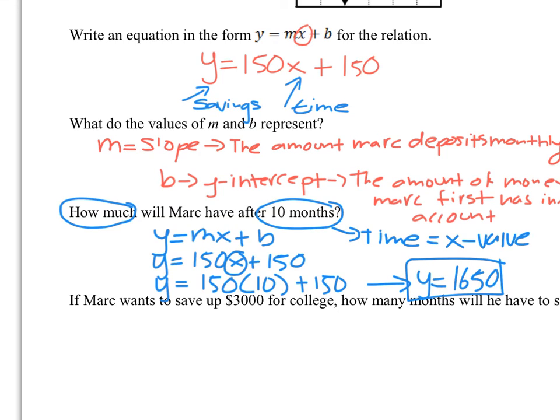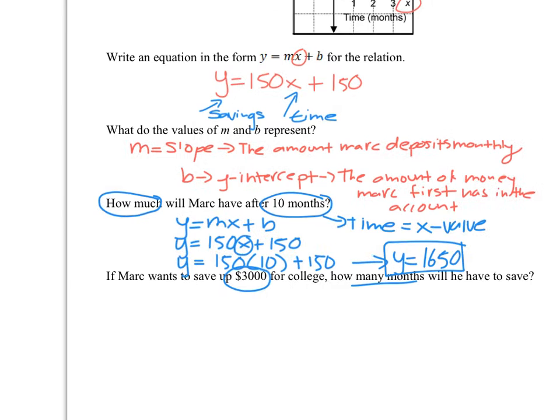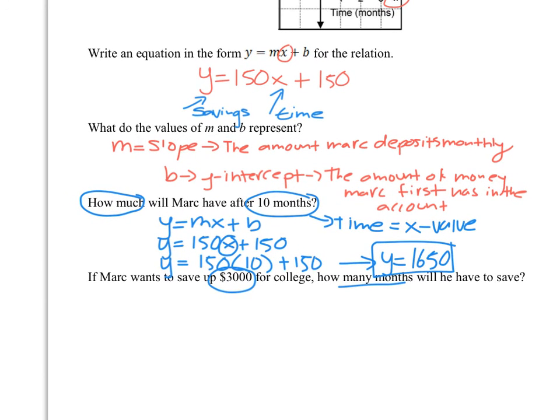The next question is going to look a little bit different. If Mark wants to save $3,000 for college, how many months will he have to save in order to have that $3,000? So again, we're going to start with our equation of 150x plus 150, and we're going to think to ourselves, what does that 3,000 represent? Is it time or money, which is savings?